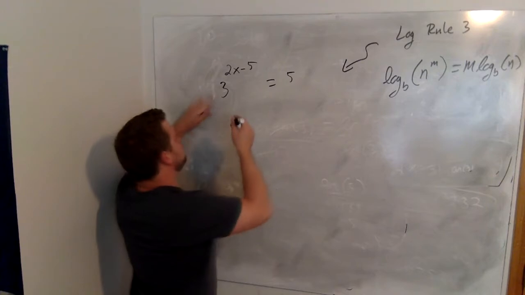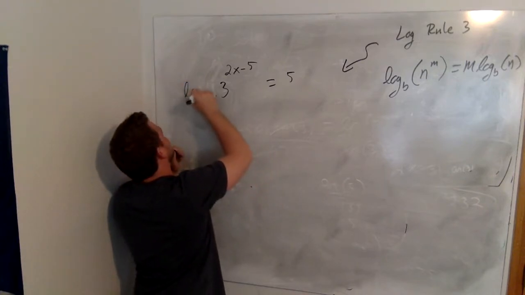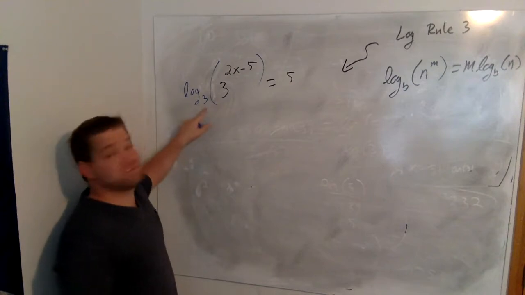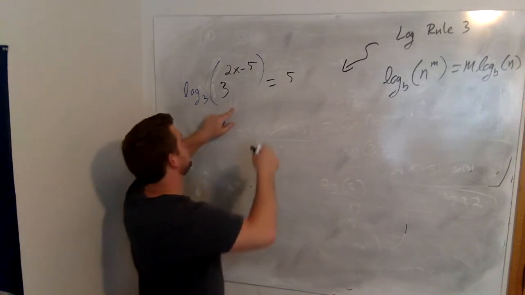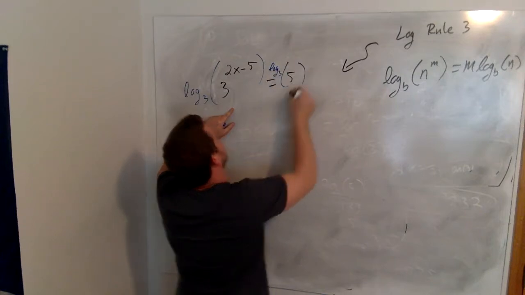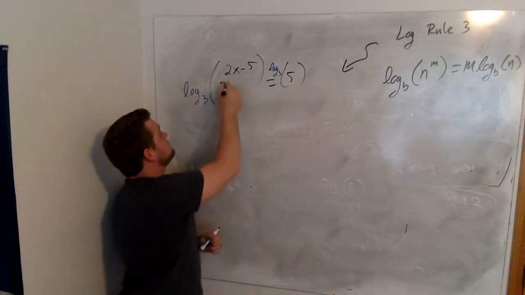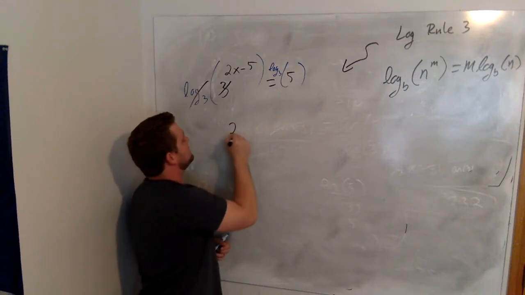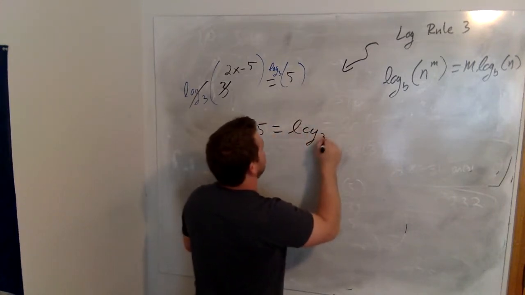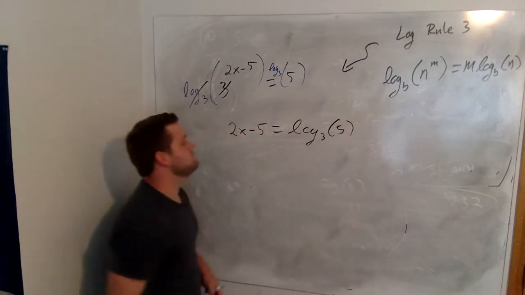But you could have taken log base 3 of both sides, because log base 3 is the inverse of a base 3 exponential. These would cancel each other out. So we would just get that 2x minus 5 is equal to log base 3 of 5.